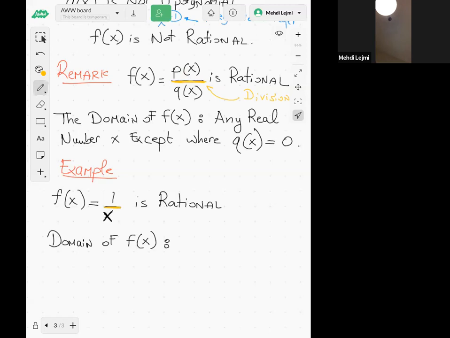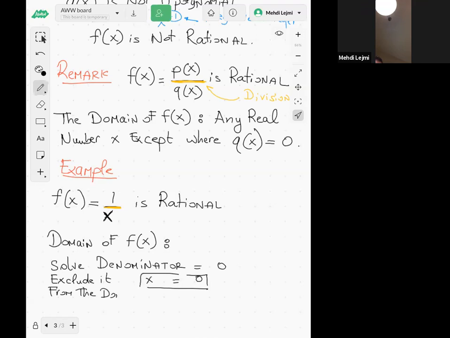The denominator is just x, so x equals 0, and we have to exclude it from the domain. So the domain of f of x would be any real number except 0.